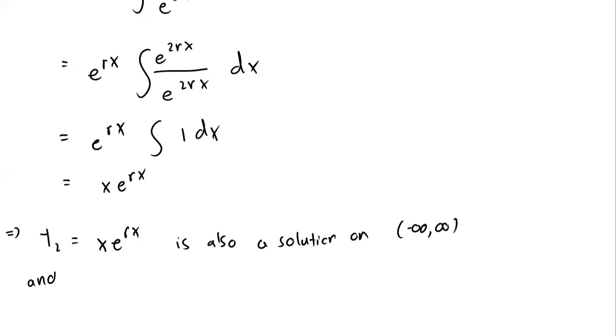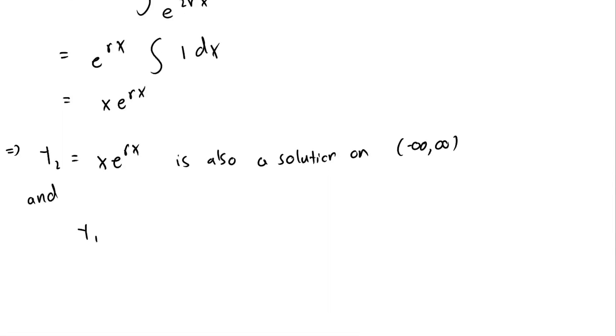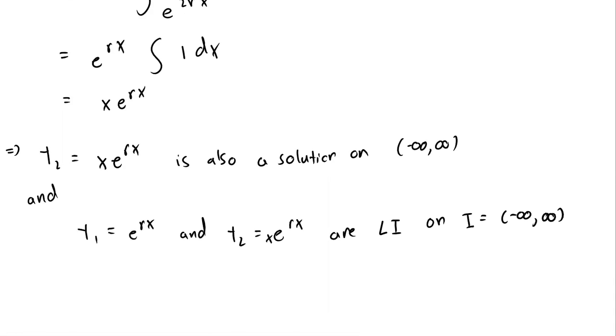And moreover, y1 equals e to the rx and y2 equals x e to the rx are linearly independent on the same interval of definition for the original function, which is negative infinity to infinity. So we have a fundamental set of solutions for this differential equation in this case.